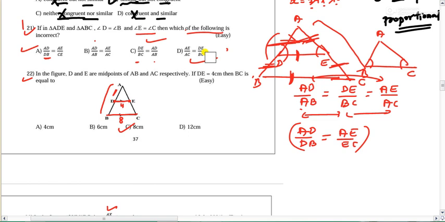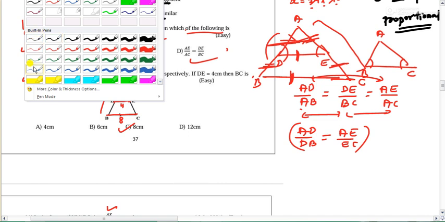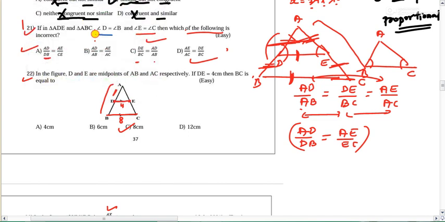In triangles ADE and ABC, let's see if there is some mistake. Based on the data, D is equal to B, these two sides, correct. E is equal to C, these two sides. Then which of the following is incorrect?